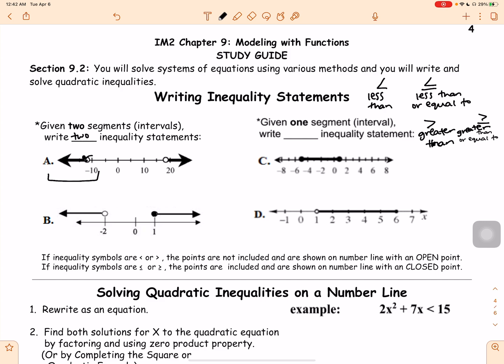Let's assume that this dot here is on the -10 just to make it easy, and that this dot here is on the 20. Okay, it's an open dot, so that's really important, all right? An open dot is whenever it's less than or greater than, okay? So it'd be open dot here, open dot here, all right?